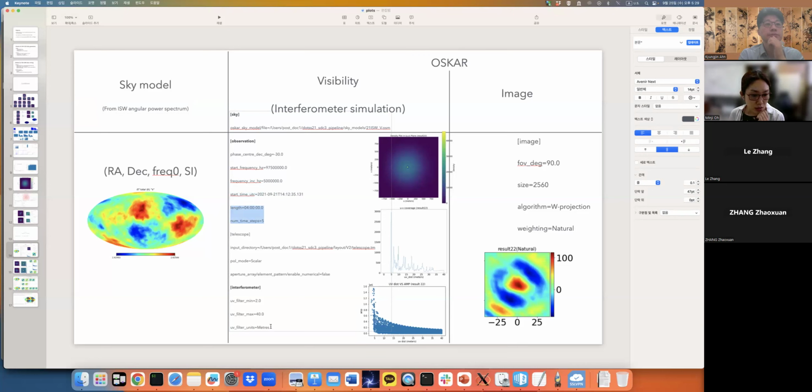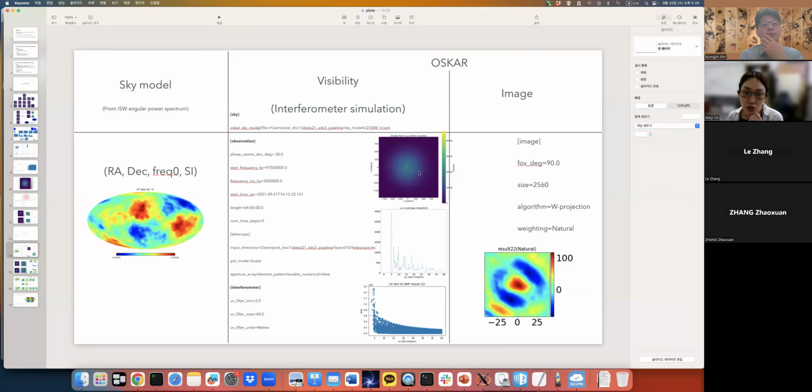Because we are interested in very low L information, I used a filter from 2 to 40 in terms of the UV mode. This is not the visibility, it's the number of modes in the UV plane, the density field.